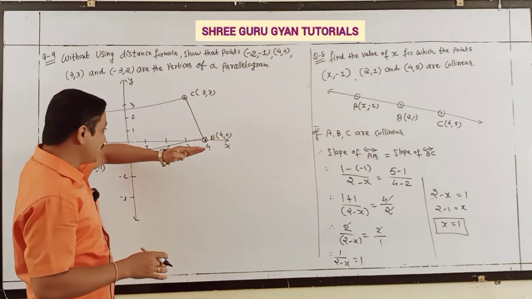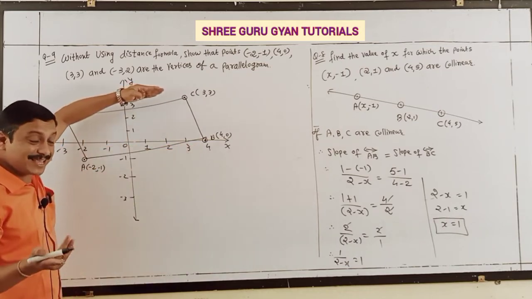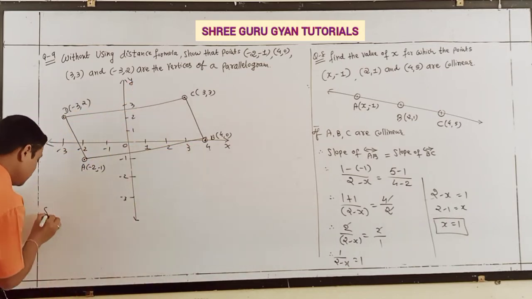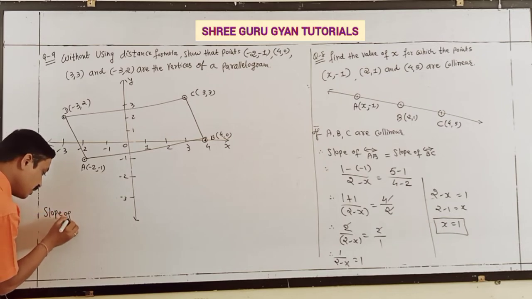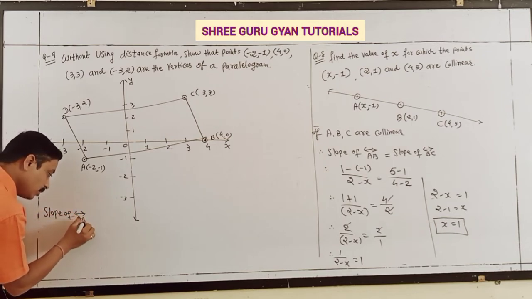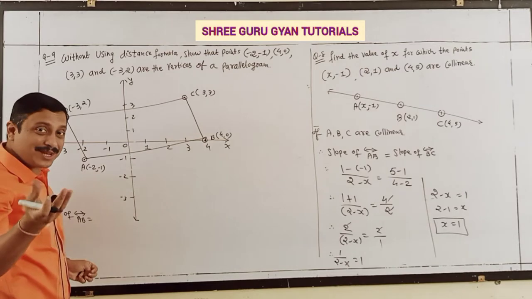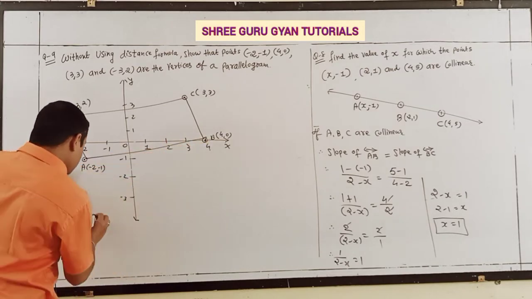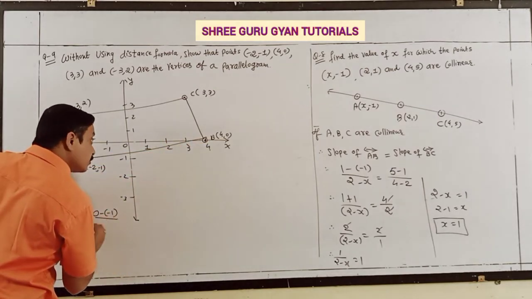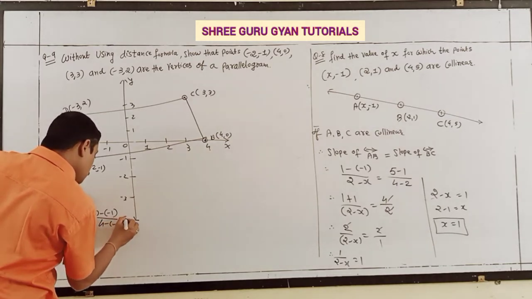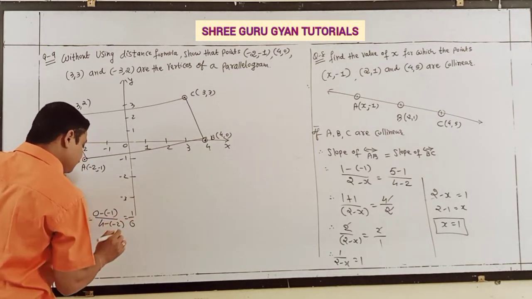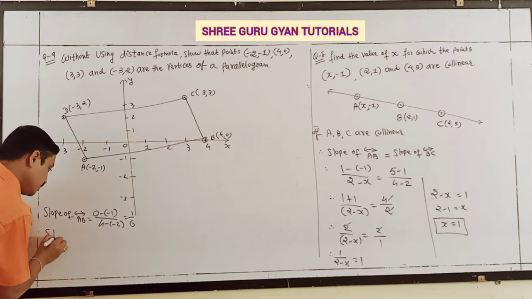It means the slope of AB and the slope of CD are the same. And then I start with the slope of line AB. Very easy, the formula is the same, y2 minus y1 by x2 minus x1. So 0 minus -1 by 4 minus -2. It means 1 by 6. Same, students, we go ahead.